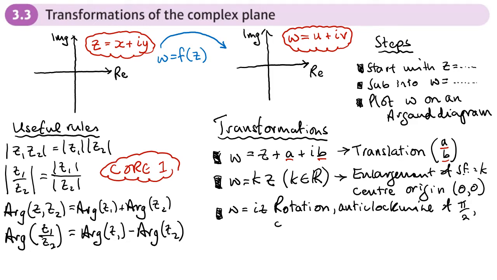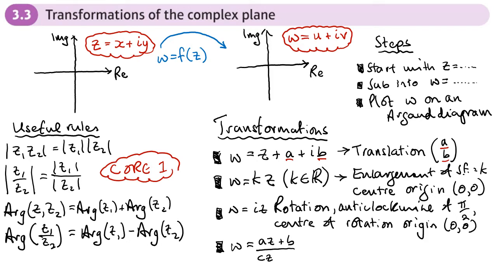So center of rotation is the origin, so 0, 0, or 0 plus 0i. Then the last type of transformation, this one is of the form W equals (AZ plus B) over (CZ plus D), and this is called a Mobius transformation.